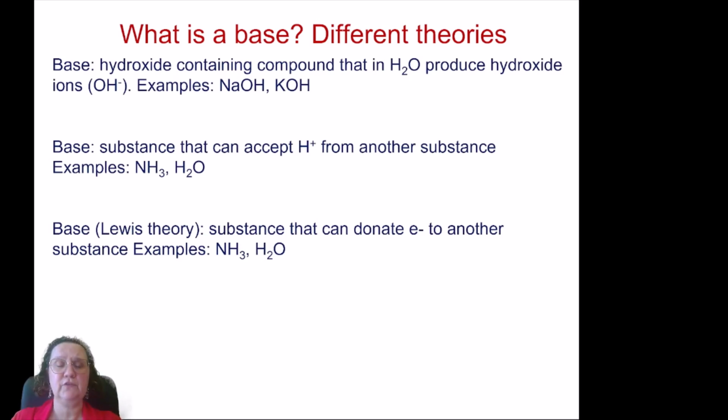But it's the most powerful because the definition of a base or an acid, according to Lewis, doesn't tell you at all what it contains, or bind you to a particular type of atom like hydrogen ions. It just tells you an acid accepts electrons, a base donates electrons. Since all substances have electrons, then any substance can be defined as an acid or a base according to Lewis, depending on what it does. And more about that in a later slide.